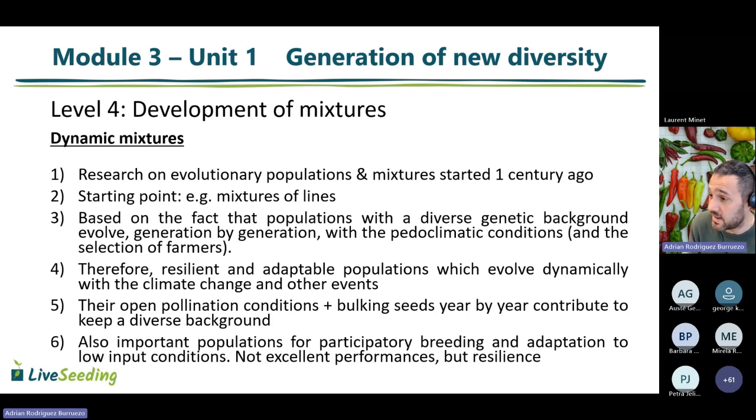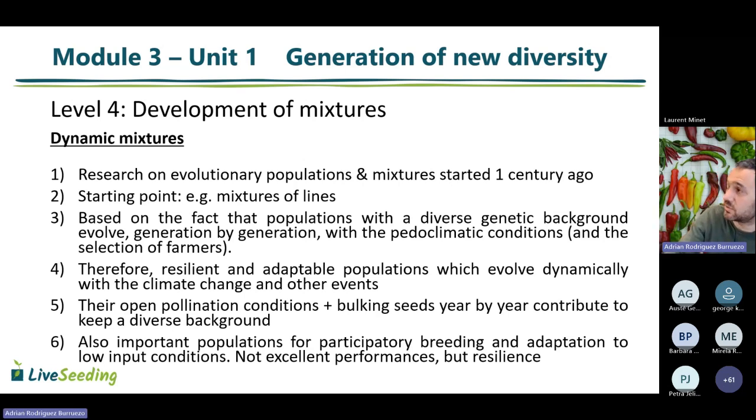The concept of the dynamic mixture is based on the fact that these populations with a diverse background evolve generation by generation with the pedoclimatic conditions and the selection of farmers or breeders. So every year, this starting mixture of lines evolves.